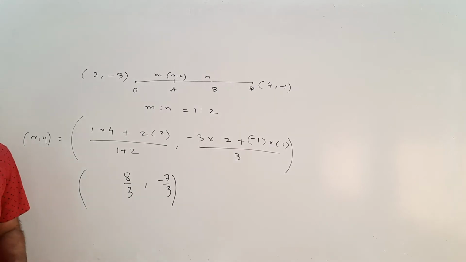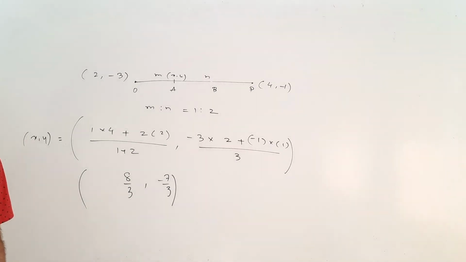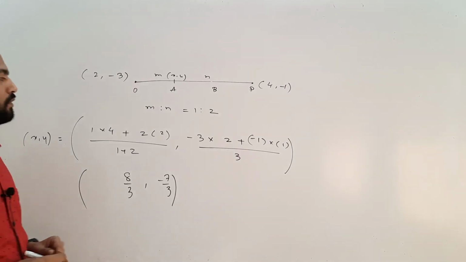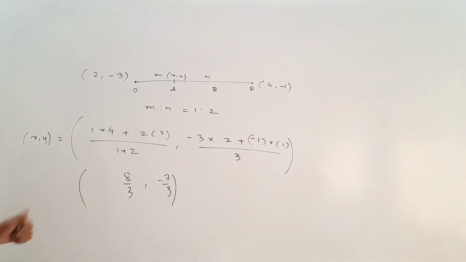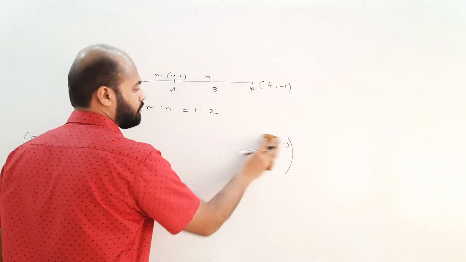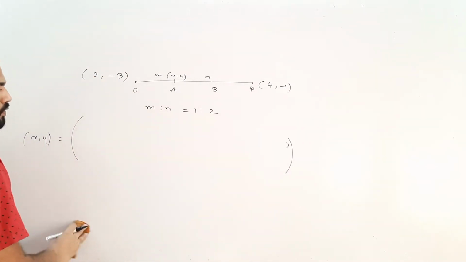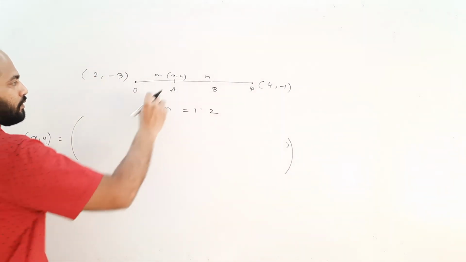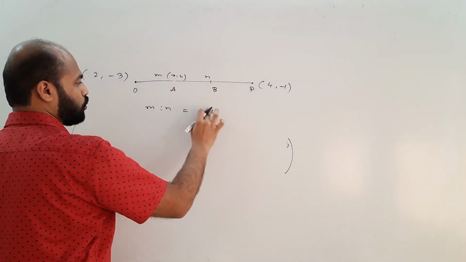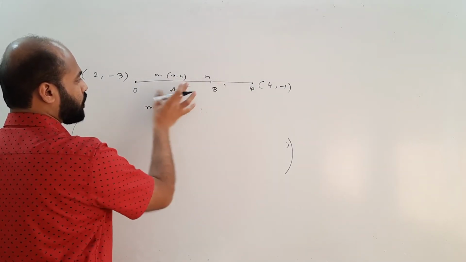Next point of trisection would be very simple, just that now the ratios would be shifted. So this is the point A. Let's do the same process for point B as well. So if I do the same process for point B, it means that now the x comma y is here and the ratio is going to be 2:1 because this is a bigger part.